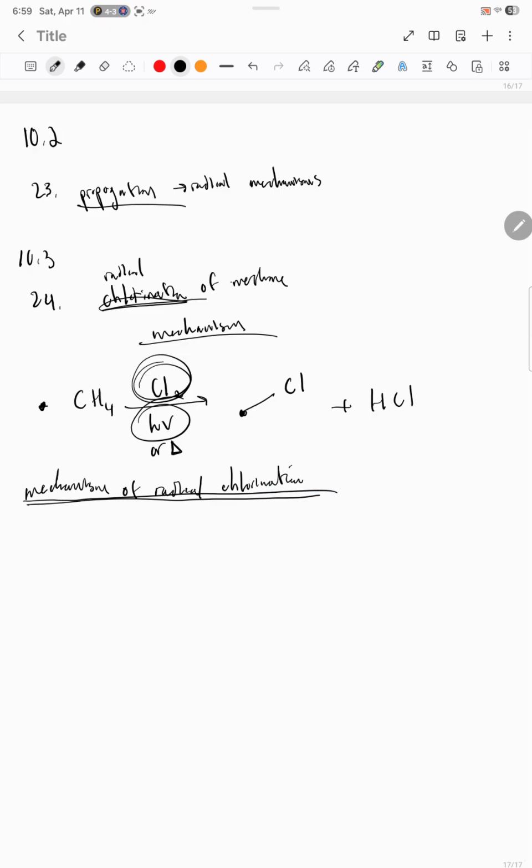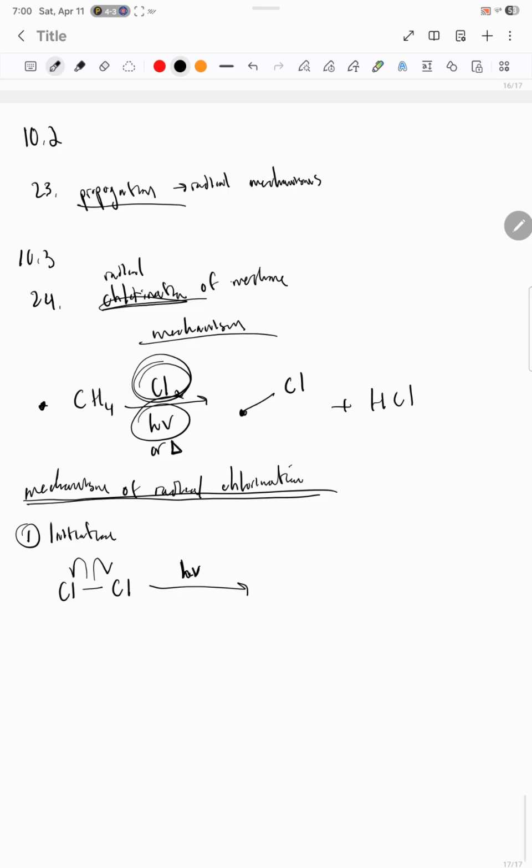Mechanism of radical chlorination. We start off with initiation. Initiation is basically we have a Cl-Cl bond, and we will use light to break the two atoms apart like the following.